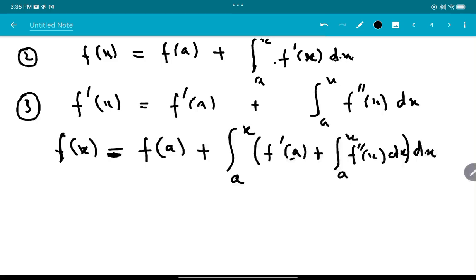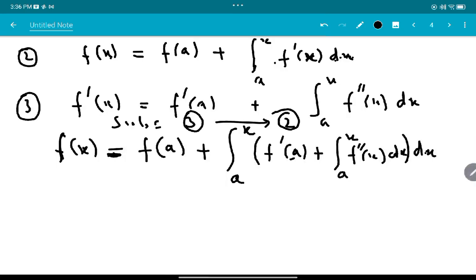You can check it once again. What we have done, I have substituted equation third into equation second.